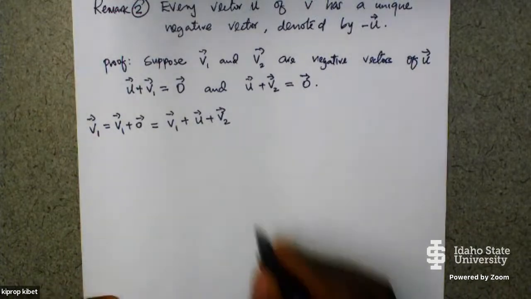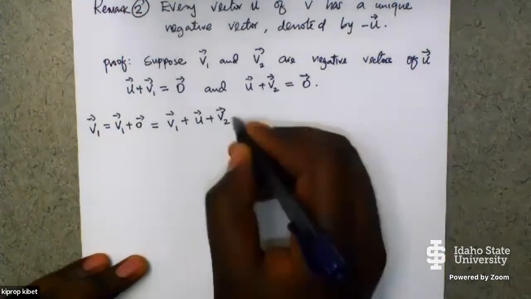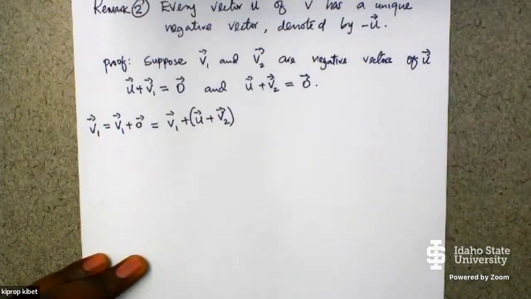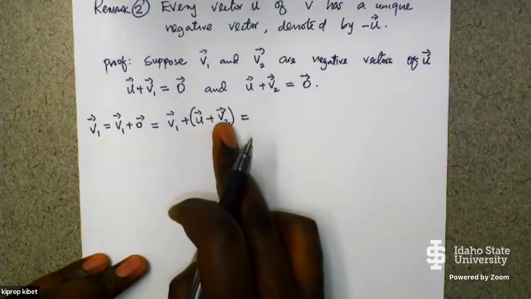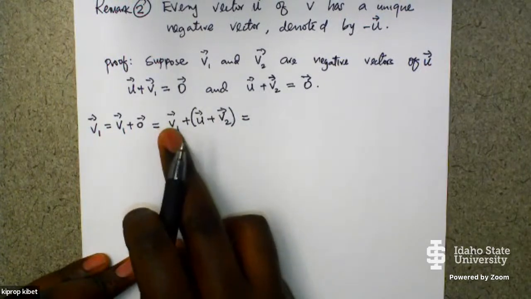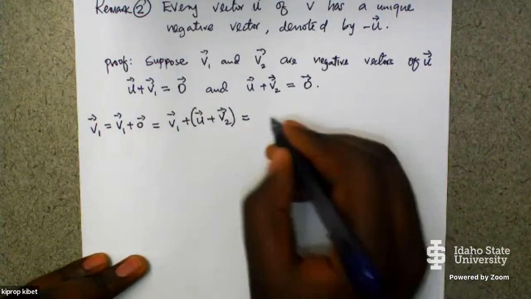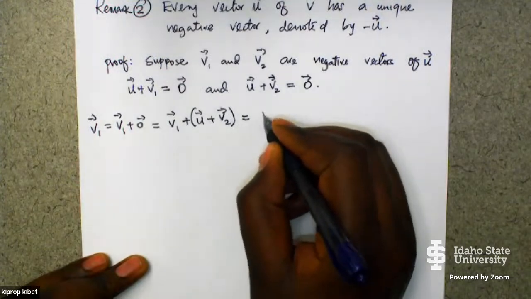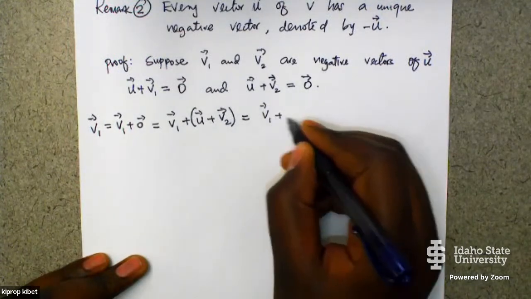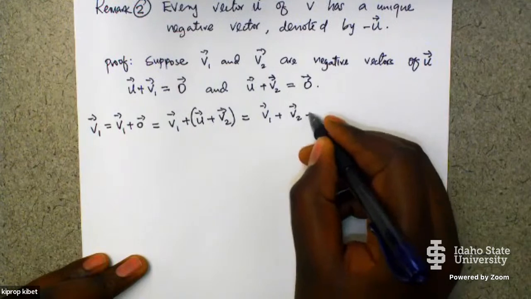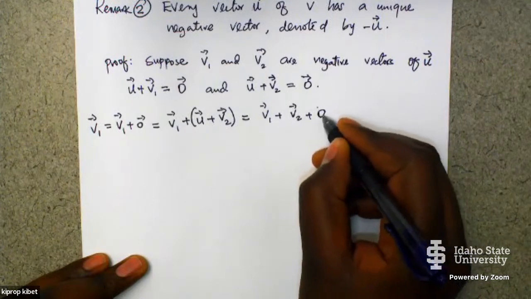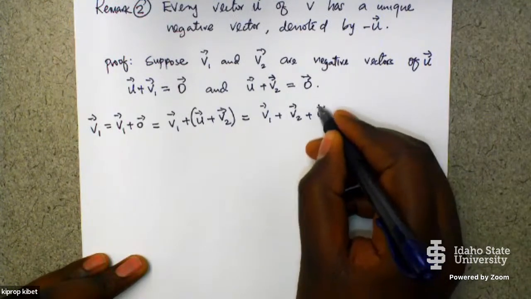So we can bring this V2 to this side, and then we take the V1 here. So it is similar to V2 plus V1 plus U.